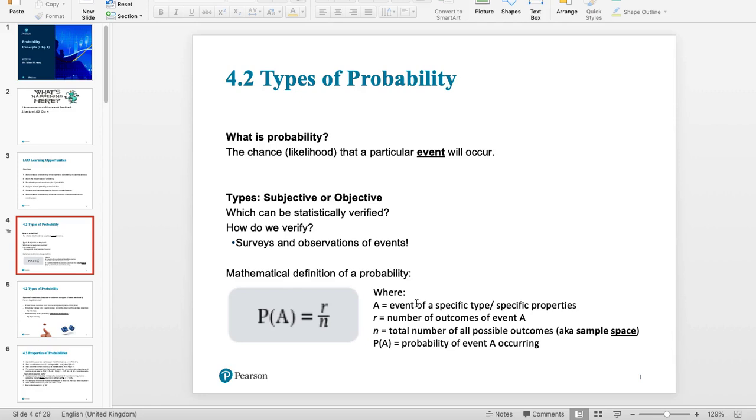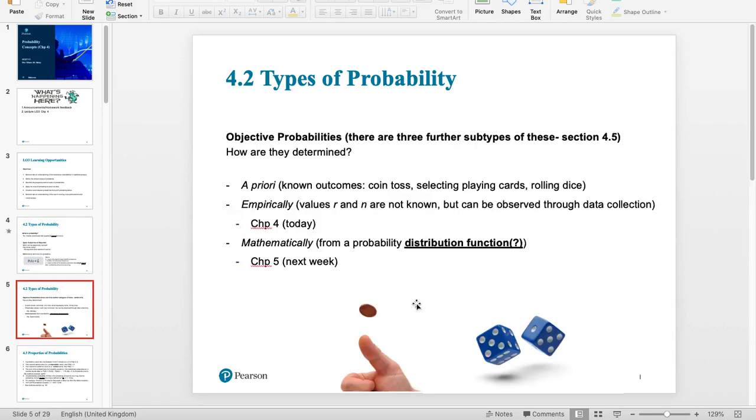Now under objective probability, we have the first one which we call a priori probability, which has known outcomes, like tossing a coin, selecting playing cards, and rolling dice. You already know all the outcomes, heads or tails.